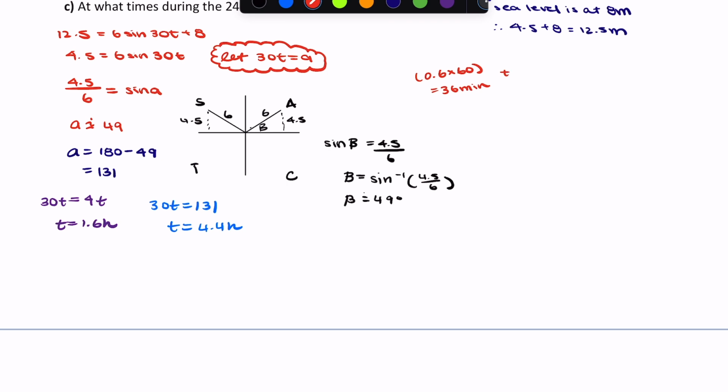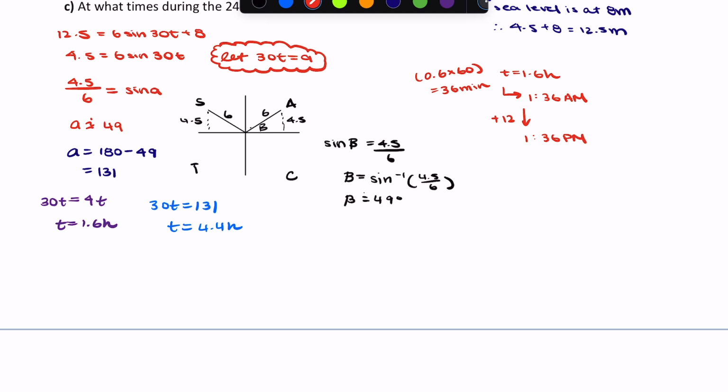And so when t is equal to 1.6 hours, we see here that it would be 1:36 a.m. But we also have to consider the next cycle, so plus 12. So again, it's 1:36 p.m. So 1:36 a.m. or 1:36 p.m.